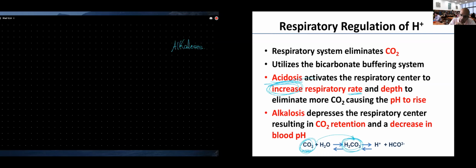Remember, alkalis, those are proton acceptors. So what would you like to do? Carbon dioxide in your blood, it's an acid. It's a proton donor.